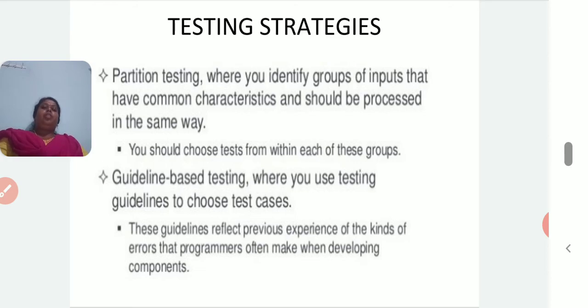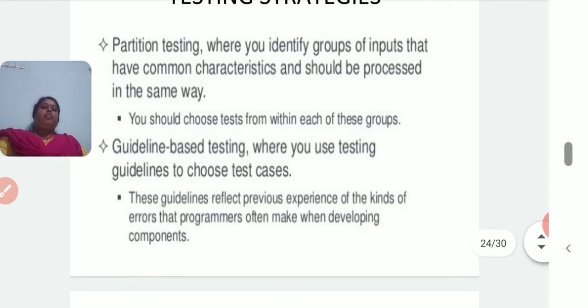The other is guideline-based testing, where you use test guidelines to choose test cases. The guidelines reflect the previous experience of the kinds of errors programmers often make when developing components.